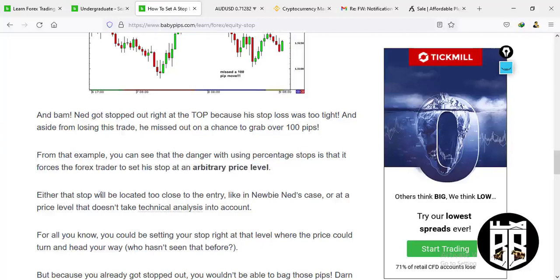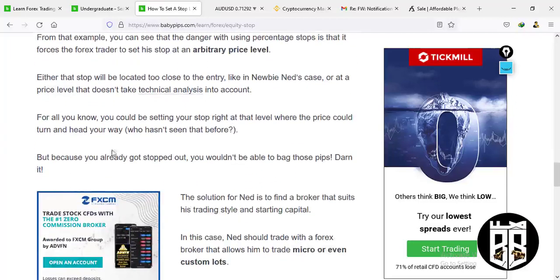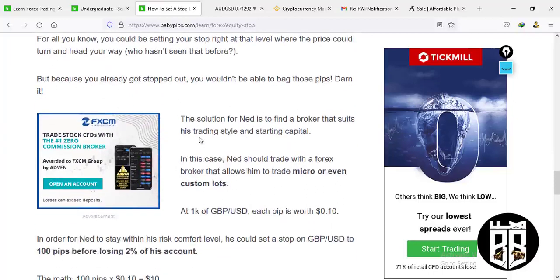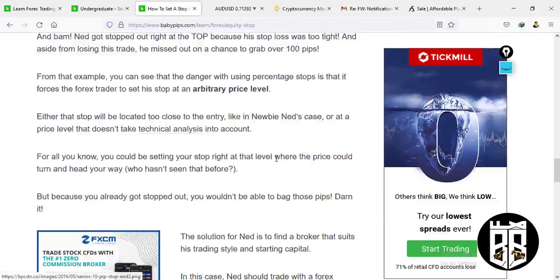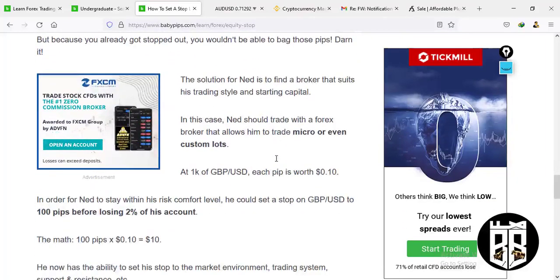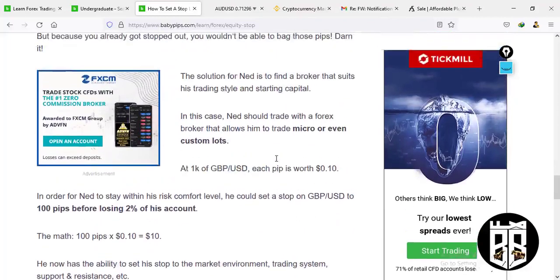It is either that stop will be located too close to the entry, like the example we have, or at a price level that doesn't take technical analysis into account. Because he has already been stopped out, he wouldn't be able to bargain those pips that ran down the other side, the actual side of the market which he predicted, right?